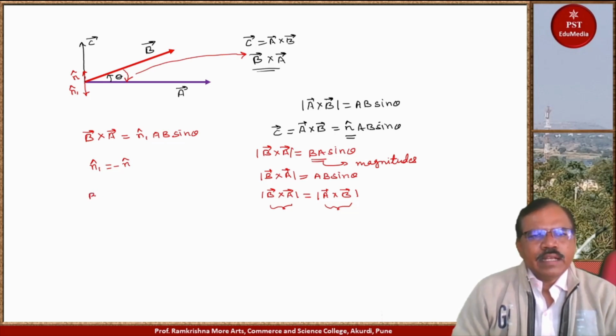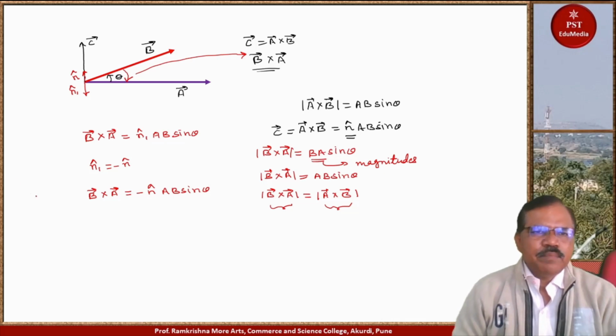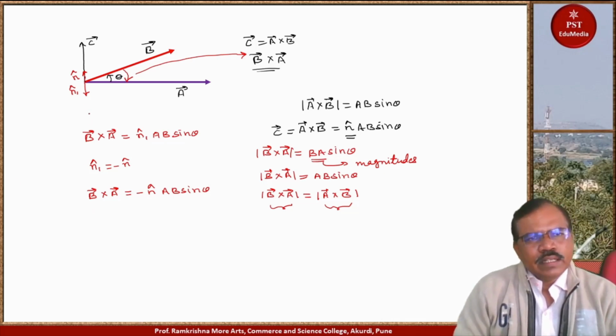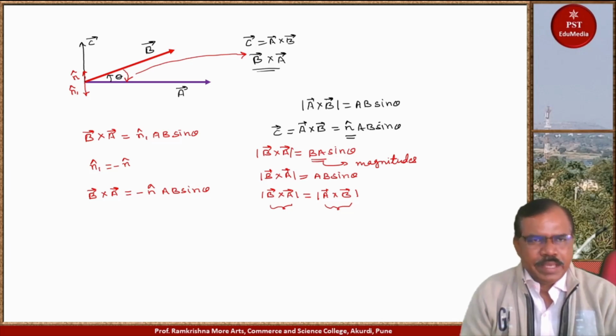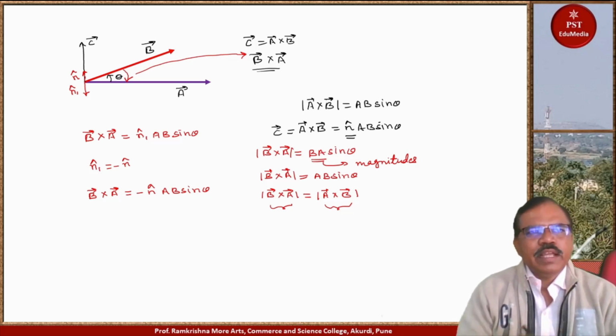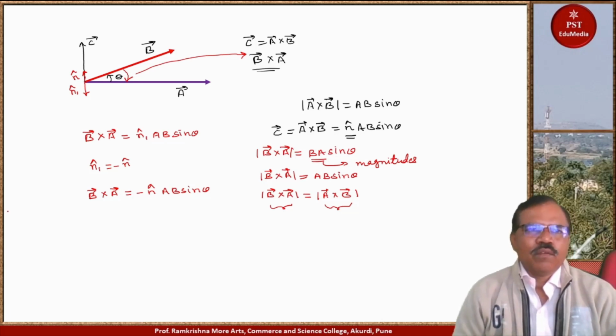So we can write B cross A is equal to minus n AB sin theta. So here it is directed downwards when we go clockwise from B to A. When we go from A to B, that is counterclockwise, C is upwards, n is upwards.